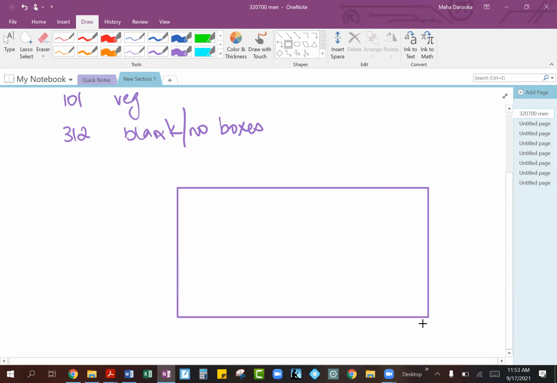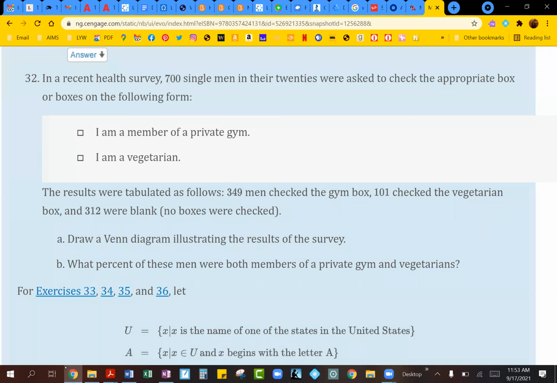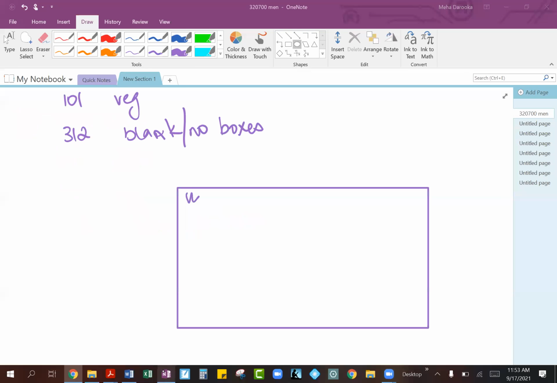Okay, so of course we always start out with our rectangle for the universal set. And then they want to know how many of them checked both the boxes. So there's definitely going to be some overlap over here.